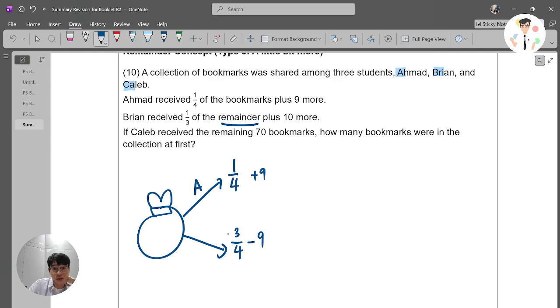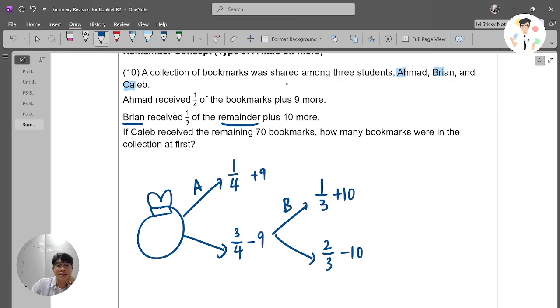And from this remainder, Brian actually does what? Brian actually receives 1 out of 3 of it plus how many more? 10 more. If I give Brian 1 out of 3 plus 10 more, then of course I will be left with what? What's my remainder? 2/3 minus 10.